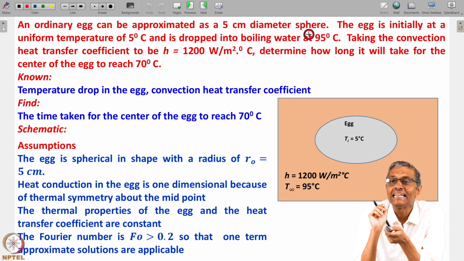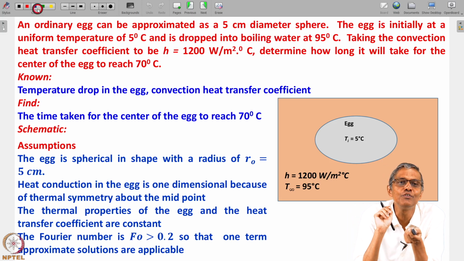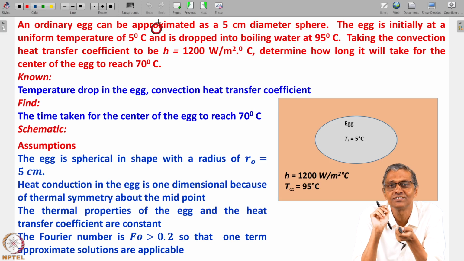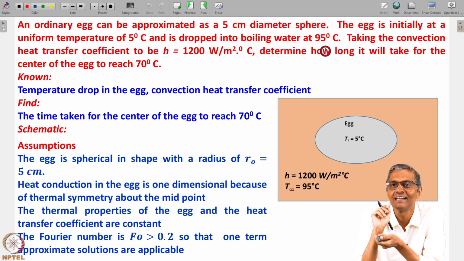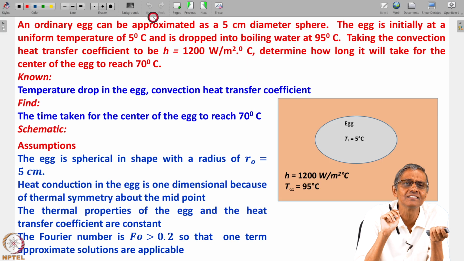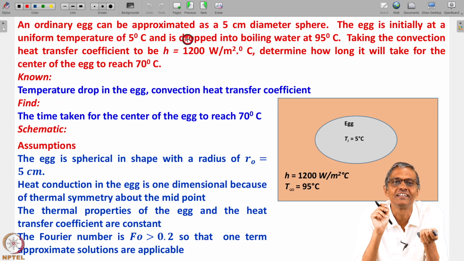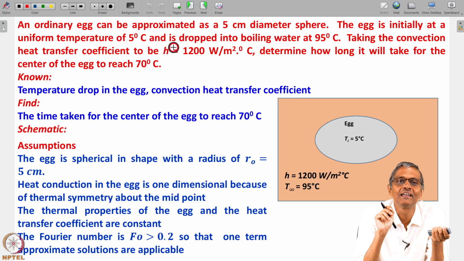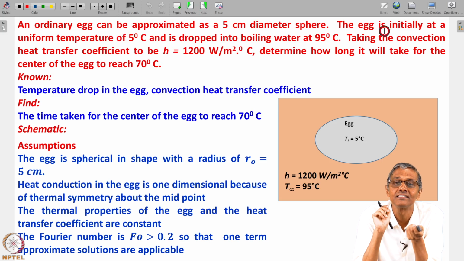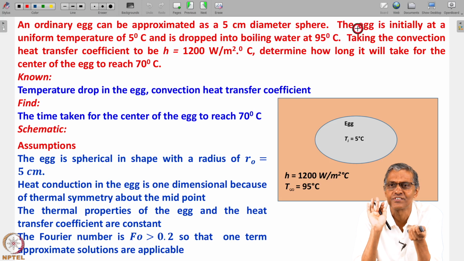The egg is initially at a uniform temperature of 5 degrees Celsius and dropped into boiling water at 95 degrees Celsius. Why 5? Because you take your egg from the refrigerator, so the temperature is typically around 5 degrees Celsius, and it is dropped into your boiling water, which is around 95 degrees Celsius.